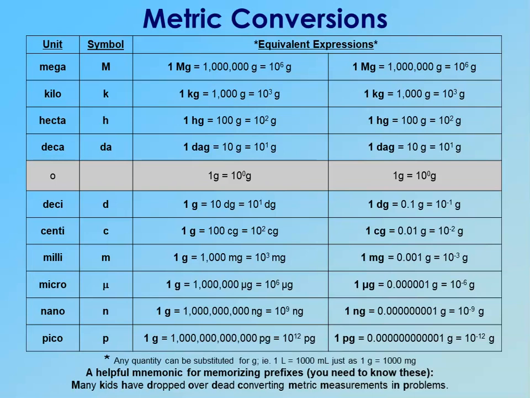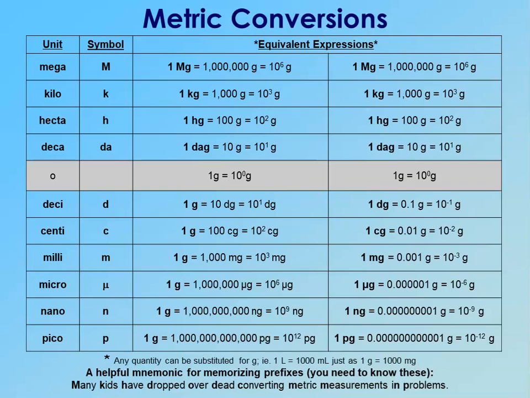Anything above the gray line is a larger prefix, so there are lots of the smaller base unit that would fit into that larger base unit. Anything below the gray line are representing smaller quantities, so lots of them would fit into one of the base unit. And I've given you a mnemonic down there to help you keep track of the prefixes.